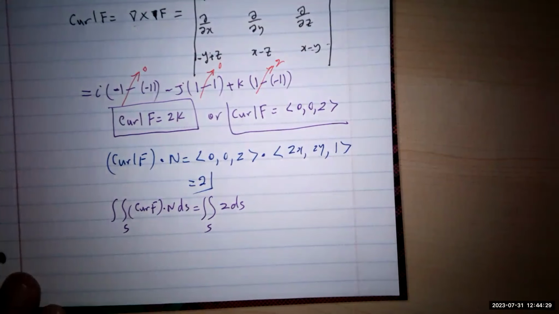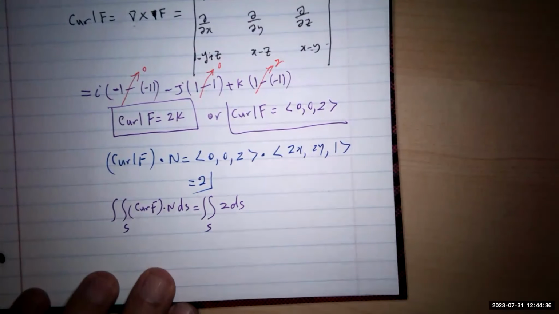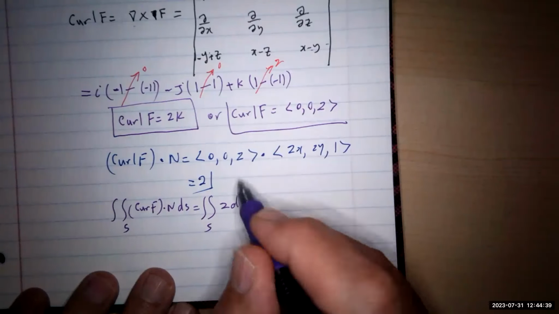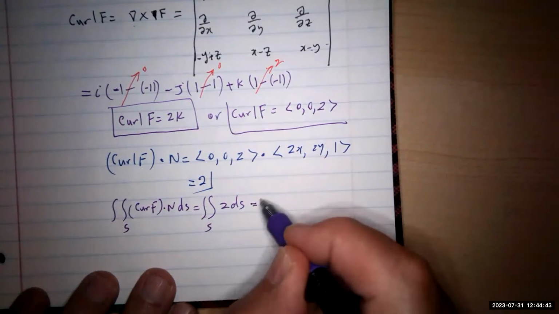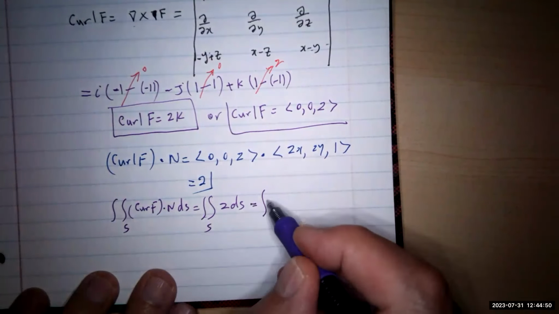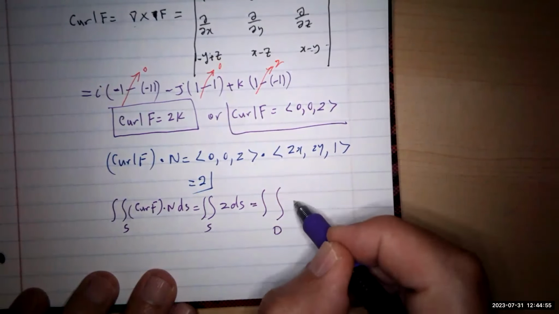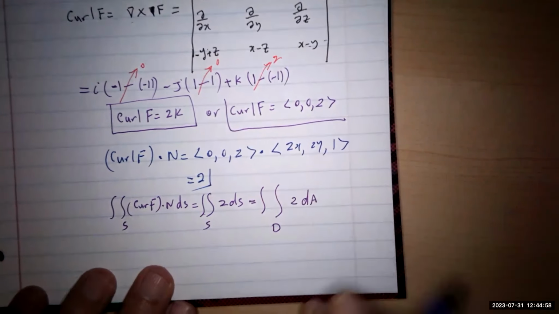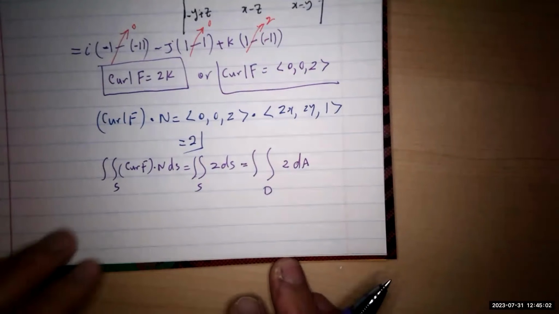It's on the domain. Remember the domain was a unit circle. So this is going to be equal to the double integral on the domain D of 2 dA. You simply change it into the double integral.